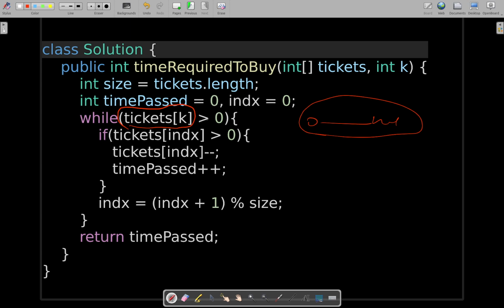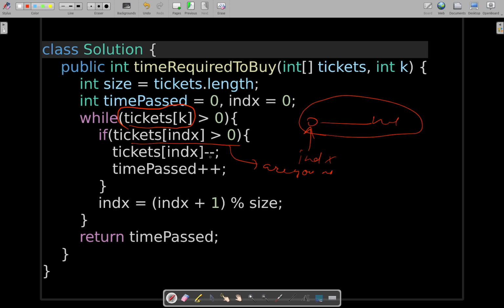Okay, firstly we will check the current person that we are visiting, so we will have an index variable that will act as a pointer to the person that we are visiting. We will ask, are you needing some tickets, or are you done buying your tickets?